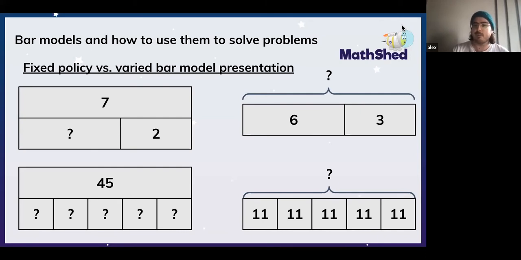That's a separate example. But the point here is that it's good for children to have one set of bar models that they're used to using, but there's equally strength in them being shown bar models of different kinds, such that they have flexibility in their own practice if they're presented with a bar model, in the SATs for example, that's different to the ones you generally use in school, because you don't know what sort of bar models or bar model derived representations are going to crop up.